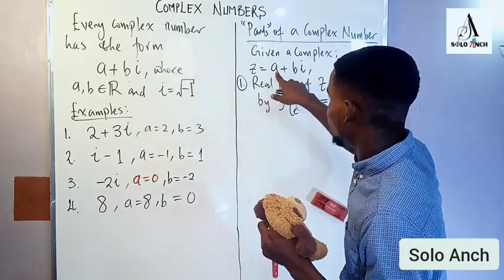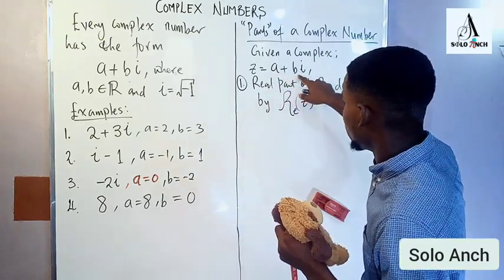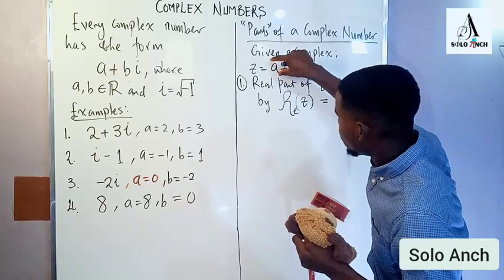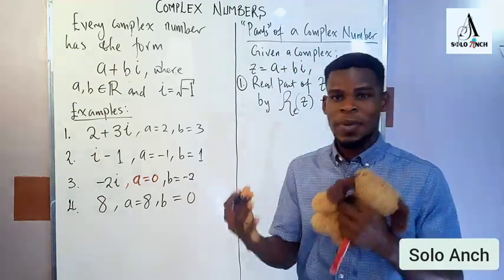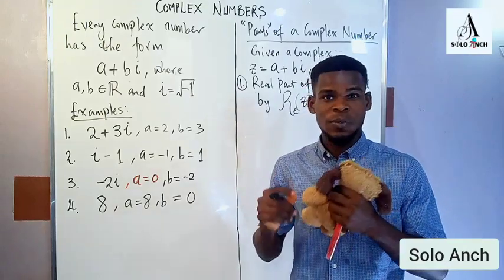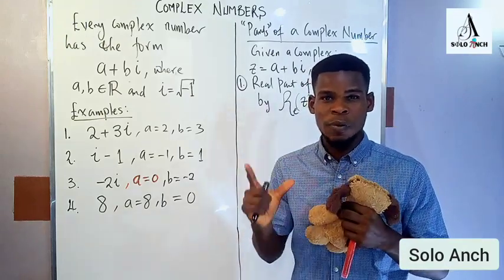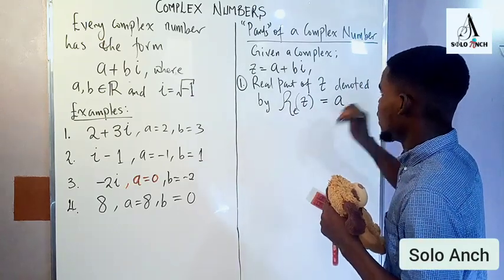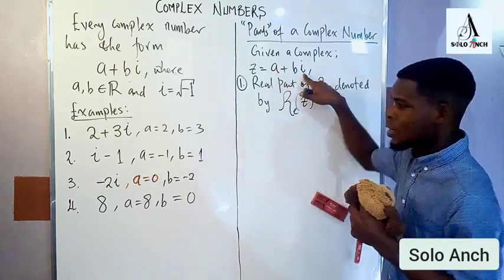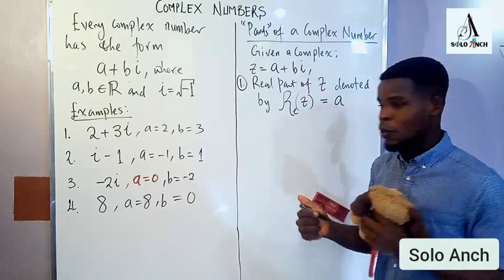The term that does not have the i with it, that is, the term independent of the i symbol, which represents the square root of -1, is what we call the real part. So the real part of z is going to be a. That is because a does not have this i here, so it's called the real part.